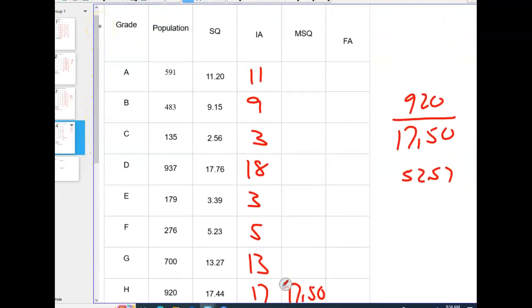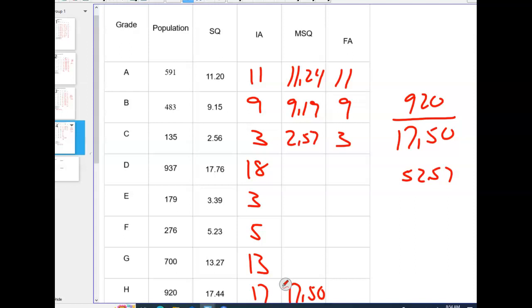But if I decide to go with 52.57, 591 divided by 52.57 is 11.24, still rounds to 11. 483 divided by 52.57 is 9.19, still rounds to 9. 135 divided by 52.57 goes up slightly to 2.57, still rounds to 3.